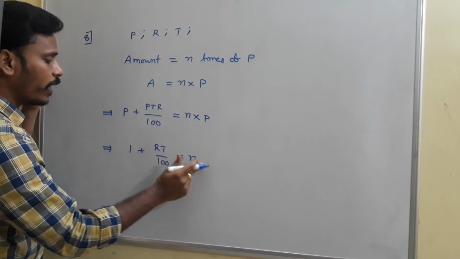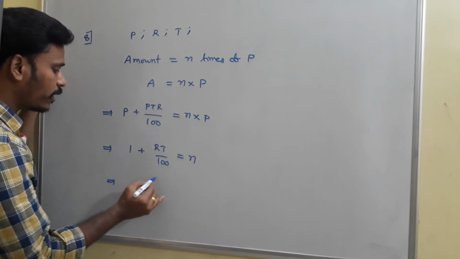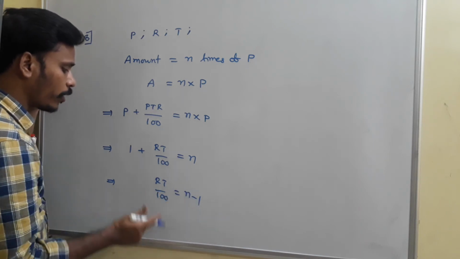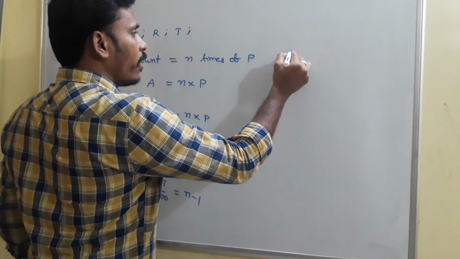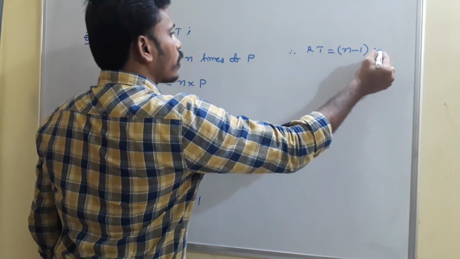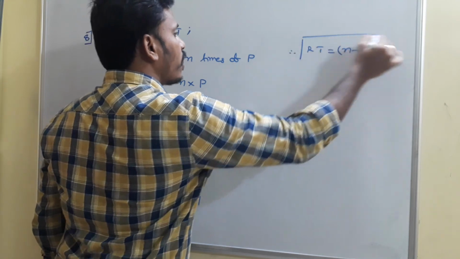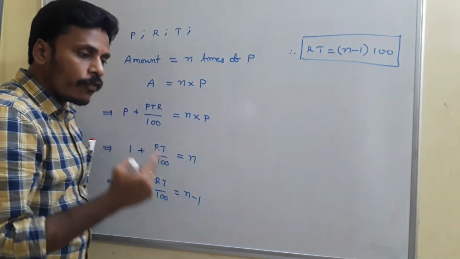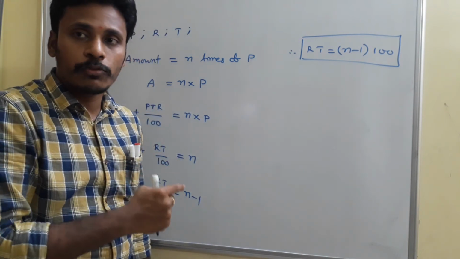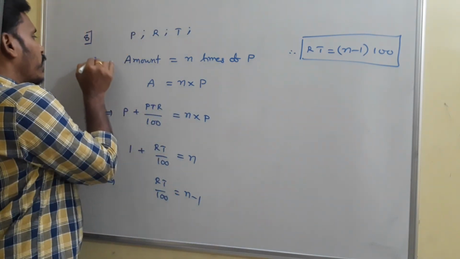Send this 1 that side and you will get RT by 100 is equal to n minus 1, and send this 100 this side. Therefore R into T is equal to (n minus 1) into 100, and that's the relation between rate of interest and time if the amount becomes n times the principal. Okay, you just take it as A.